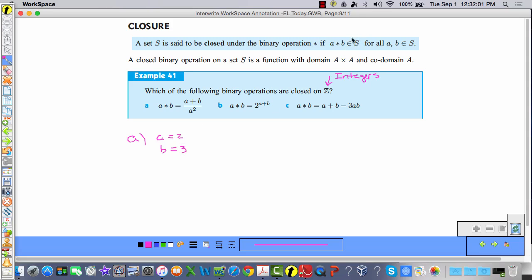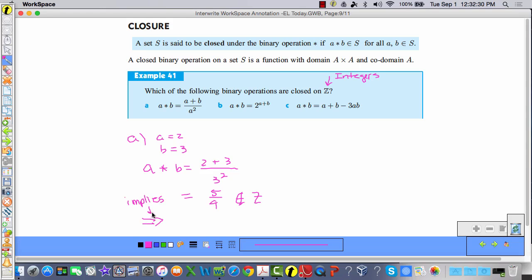It's a set of integers. So a star b would be equal to 2 plus 3 over 3 squared. There's lots of different counterexamples here. I think you can see that this is 5 over 9, which is not an element of the set of integers. Therefore, this implies, this little arrow right here stands for implies, by the way.